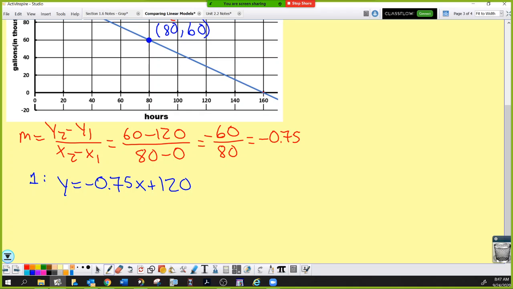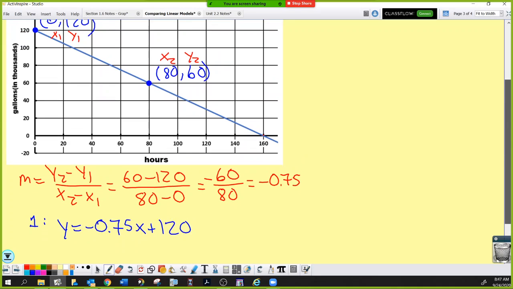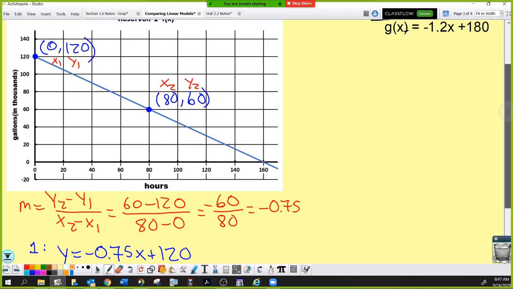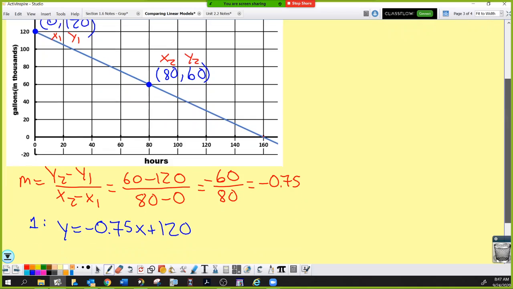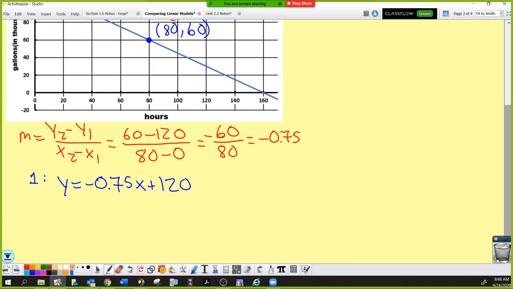Lots of things I could ask you here. For a test, I could say, which reservoir is draining at a faster rate? If you were going to answer that question, which of these 2 is draining at a faster rate? Ooh, can I capture them both? Barely. But my people in the back won't be able to see the bottom. Which one drains at a faster rate? Reservoir 1 or reservoir 2?